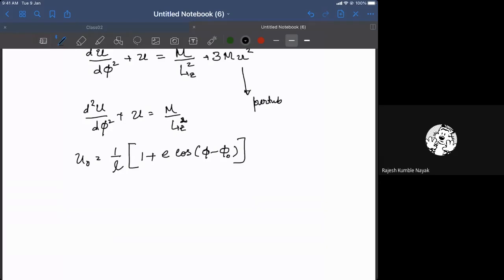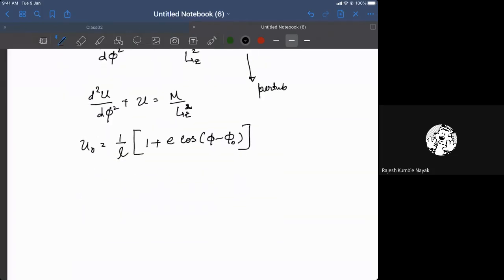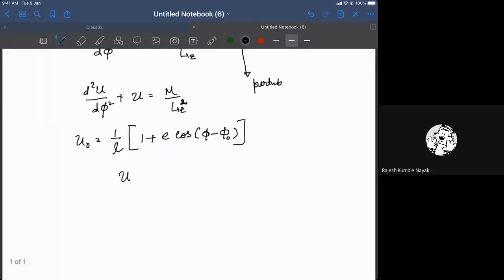Then there is a standard method which you follow for solving such differential equations, which we solve perturbatively. To avoid any confusion, we can put in an epsilon here to show that it is a perturbative term, and then we can write our solution as u is equal to u naught plus epsilon into u1, the first order perturbation, and then you can have any order.